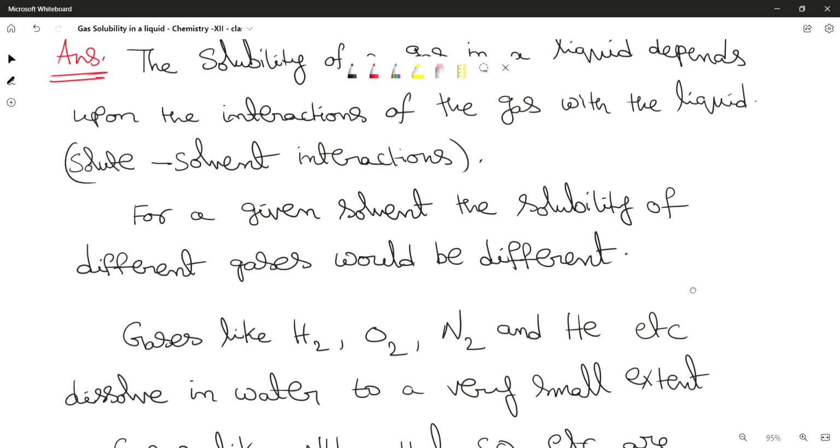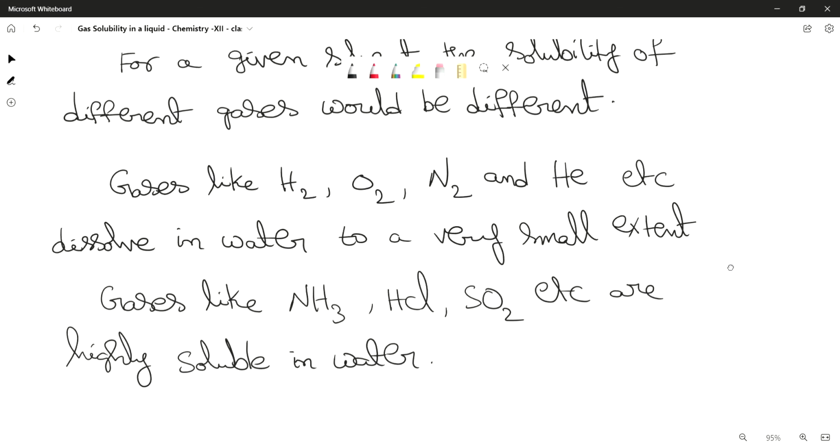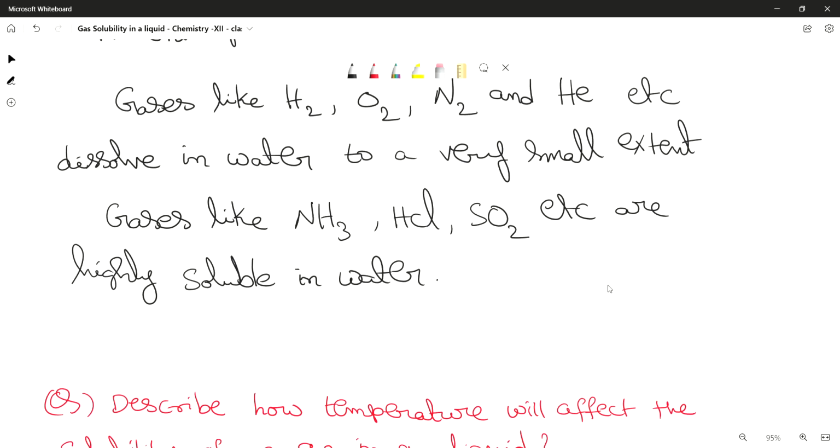For a given solvent, the solubility of different gases would be different. Gases like hydrogen, oxygen, nitrogen and helium dissolve in water to a very small extent, but gases like ammonia, HCl, SO2 are highly soluble in water.